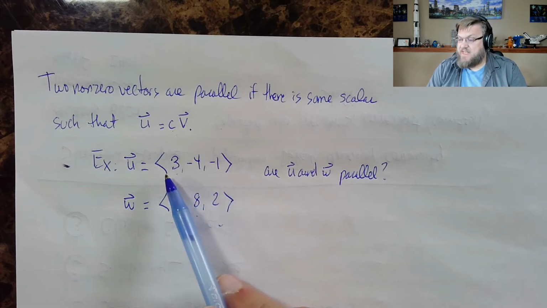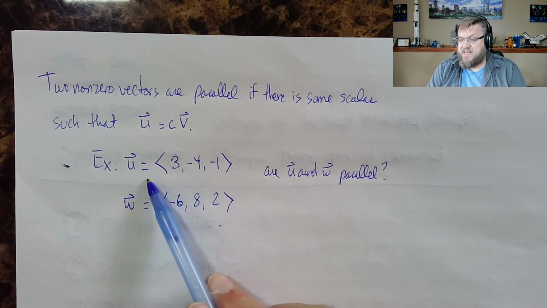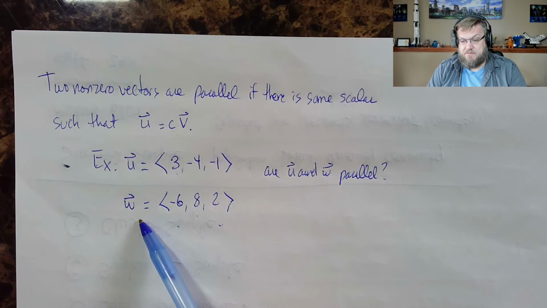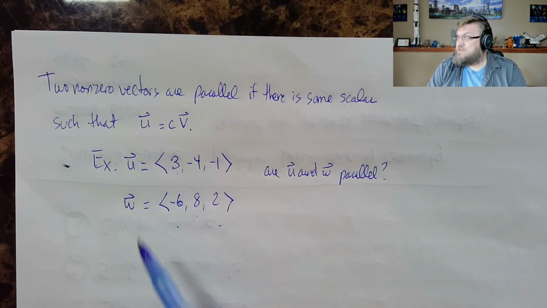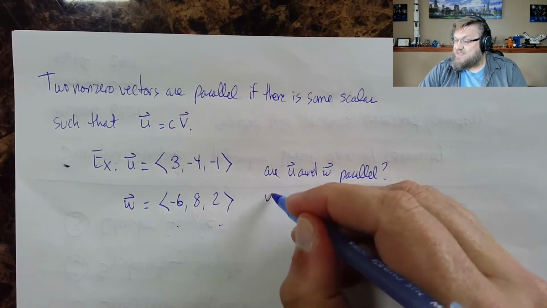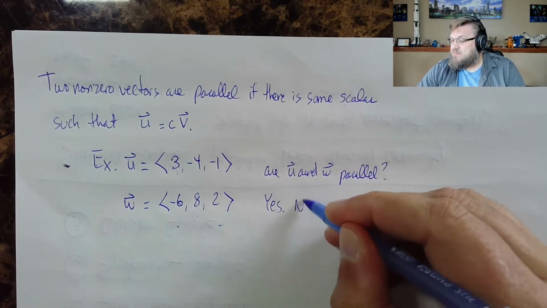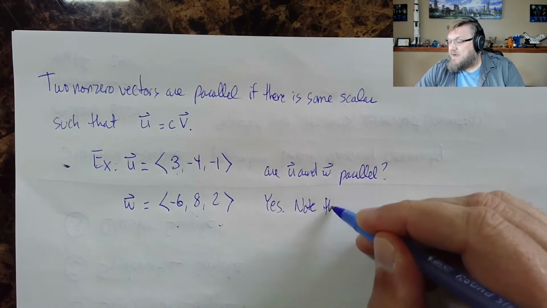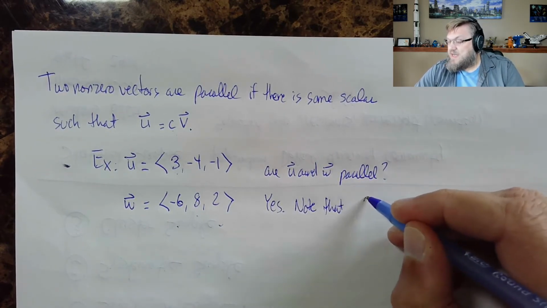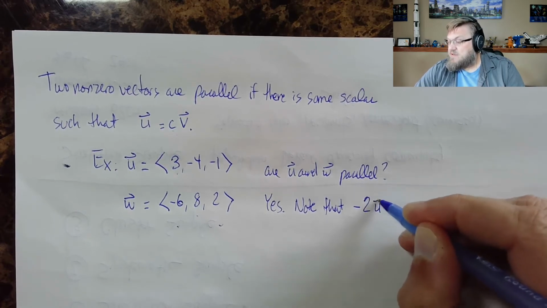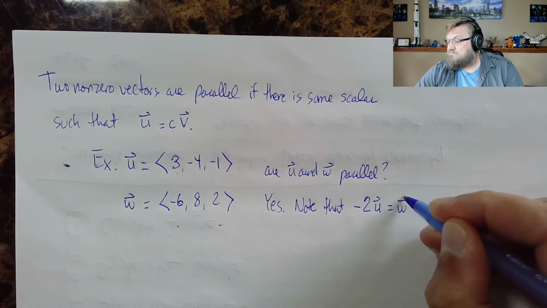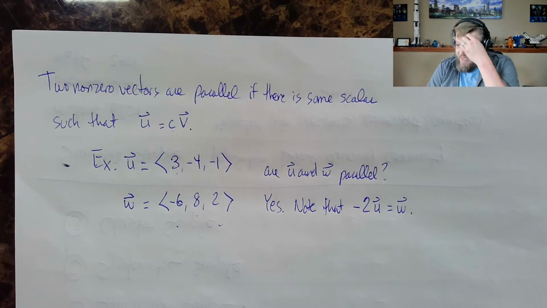So it looks like if I take u and I multiply it by -2, I get w. And so therefore, u and w are parallel. So the answer is yes. Note that -2 times u equals w. And so the constant, the scalar between them is -2, right?